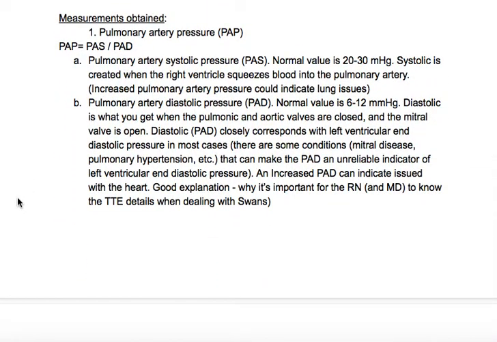Your pulmonary artery diastolic value is normally 6 to 12 millimeters of mercury. And your diastolic is what you get when the pulmonic and aortic valves are closed and the mitral valve is open. That's just what's happening in the heart. So basically, your diastolic pulmonary artery pressure corresponds with your left ventricular end diastolic pressure.